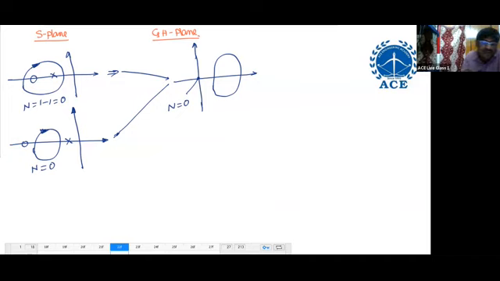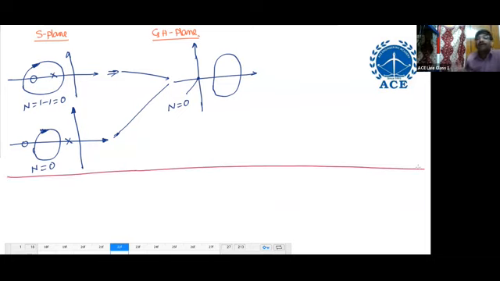Listen. What Nyquist did is, the principle of argument concept is applied to the total right half of the S-plane.